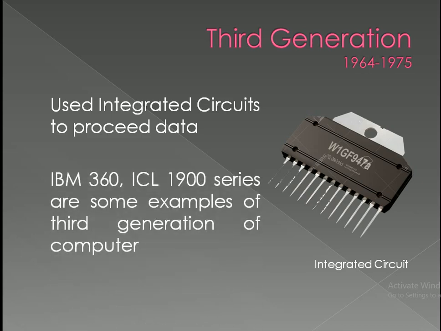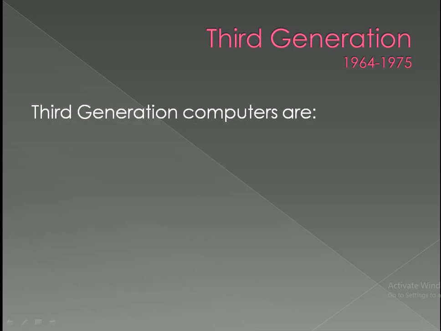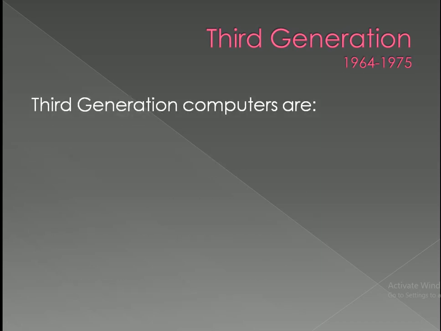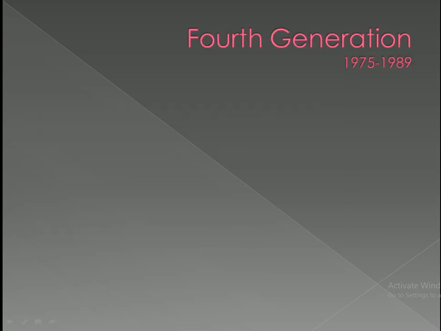IBM 360 and ICL 1900 series were some examples of third generation computers. Third generation computers were smaller, faster, cheaper than the second generation of computer. They consumed comparatively lesser power. But they also have some drawbacks.